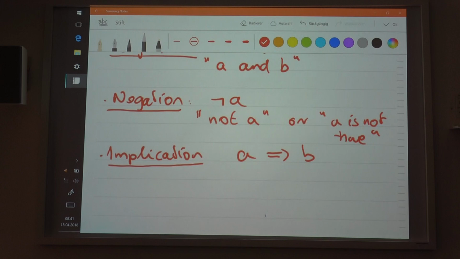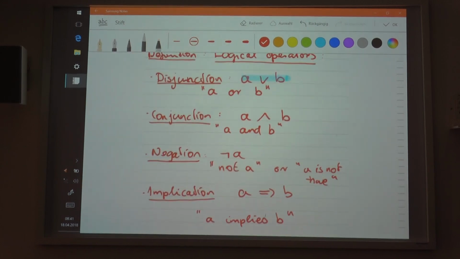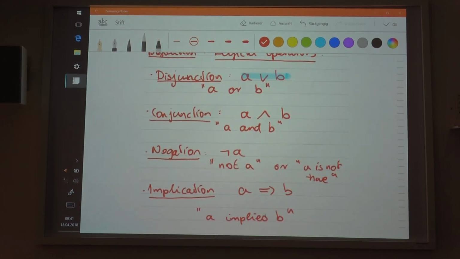So here you can say that A implies B. These are, let's say, the most important ones. And of course the statement that A implies B is actually a statement itself. I'm going to give you examples of that, but let's just have a look at the truth tables of these operators.